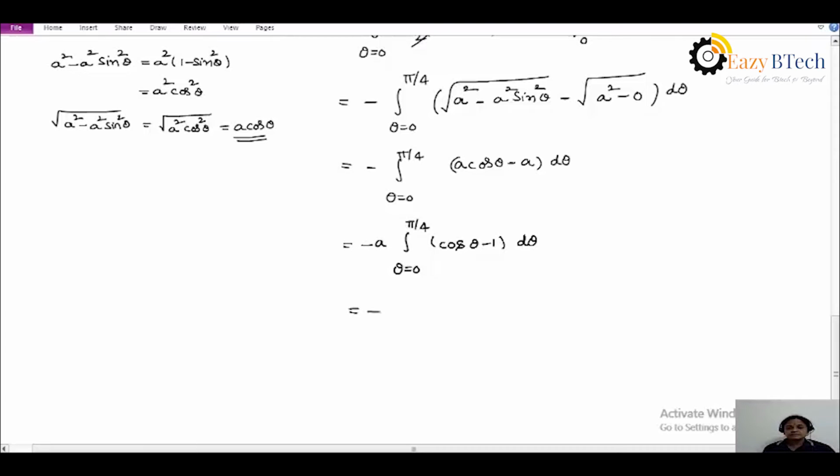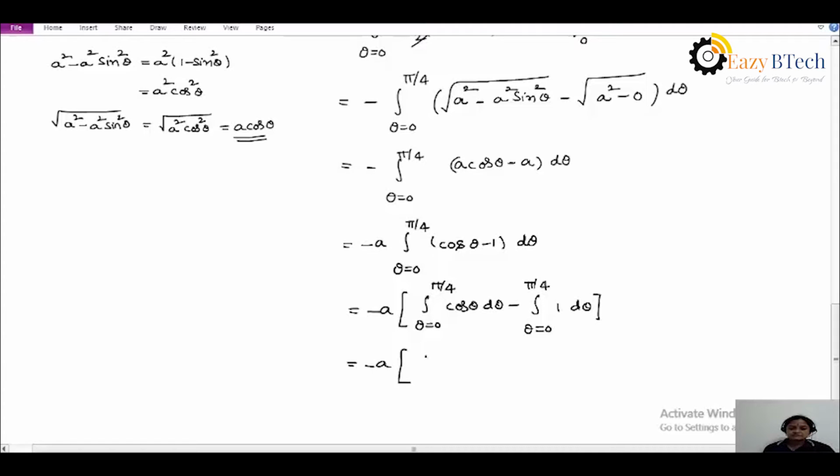So now doing the integration. Integral theta is equal to 0 to pi by 4 of cos theta d theta minus integral theta is equal to 0 to pi by 4 of 1 d theta. Okay, and minus. Yeah, okay.